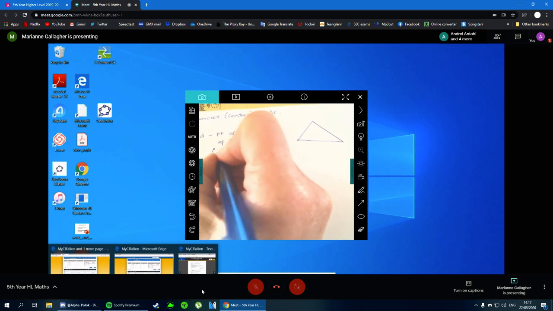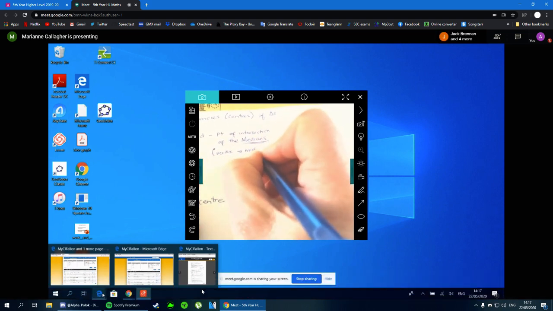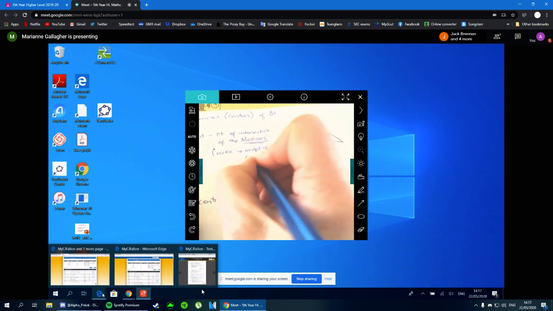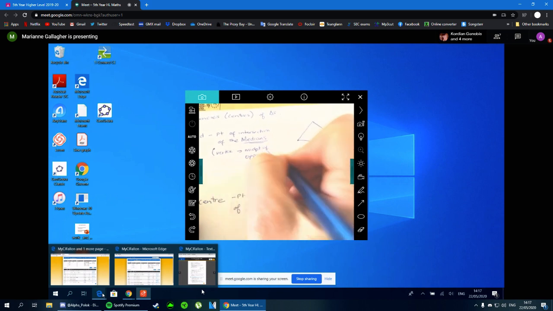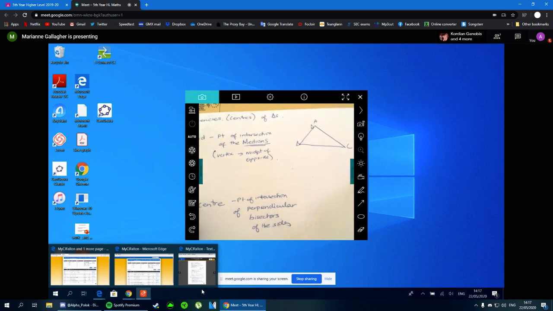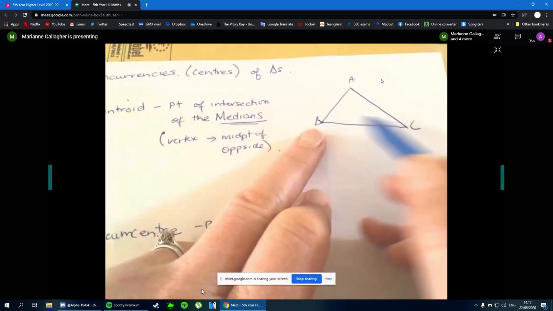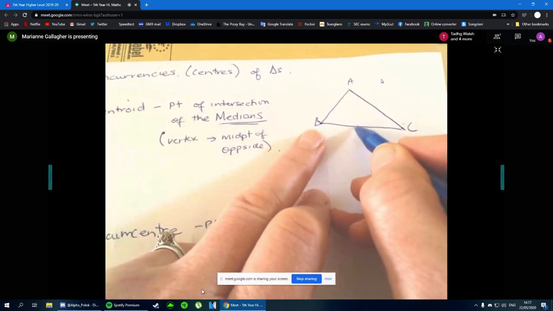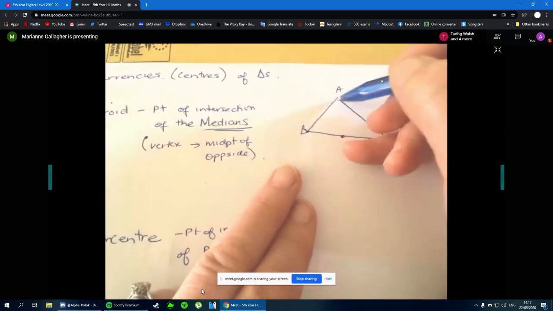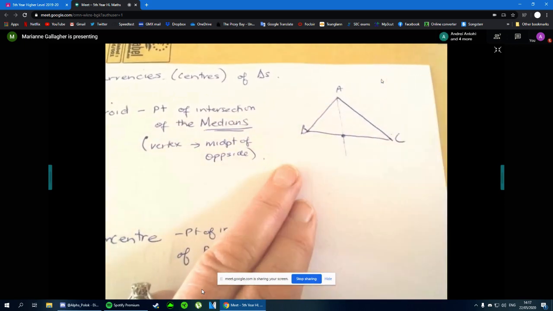Okay, so you start at one vertex and you go to the midpoint of the opposite side. So say I have A, B, C here, okay? So if I was getting the median, I would get the midpoint of BC, which would be about here. I'm just doing this roughly, and I would join A to that, and that would give me one line, okay?